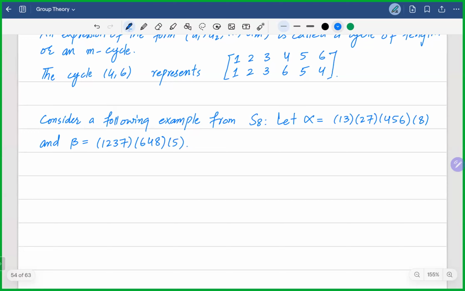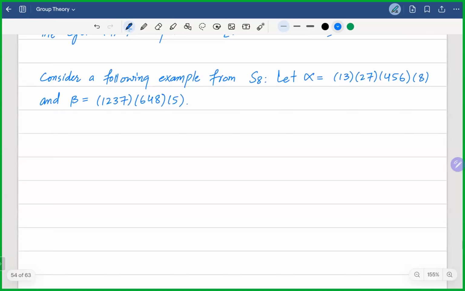So, what is the cycle form of alpha beta? The question is that. Let's write alpha beta here. Of course, one could say that alpha beta is nothing but just combine all of them.